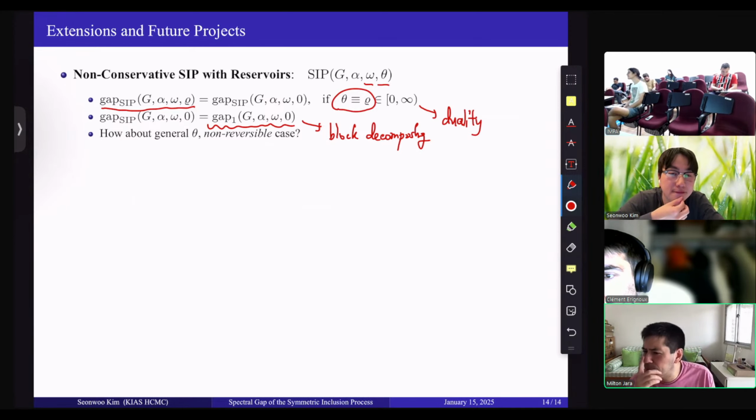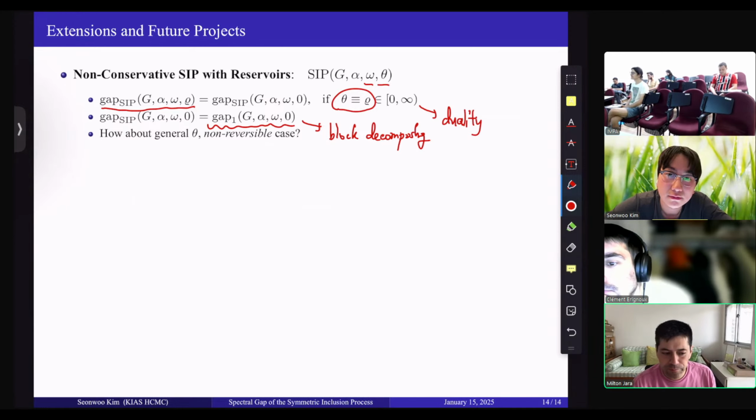If I remember correctly, it was very important to have a very explicit knowledge of the spectral gap for, well, it could be 2 or 3 sites. It depends a little bit on the dynamics. And it was very important to be uniform in the number of particles. So I don't know if that implies that you can actually extend the spectral gap inequality for more general models.